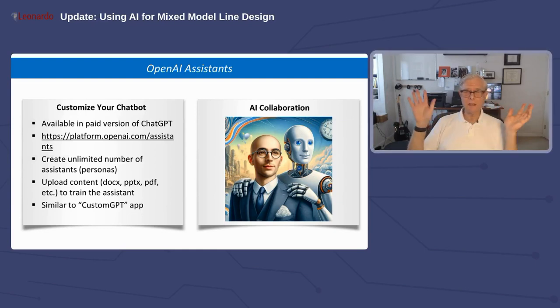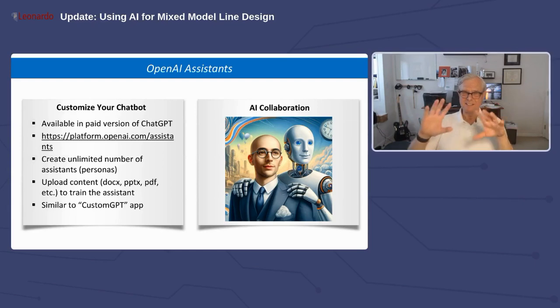And you can create an unlimited number of assistants that are specialized in different areas. So you could have an Obeya sensei, or you could have someone completely specialized in mixed model line design or material management, whatever you like. And you just feed that assistant your specific content, assuming you have it.